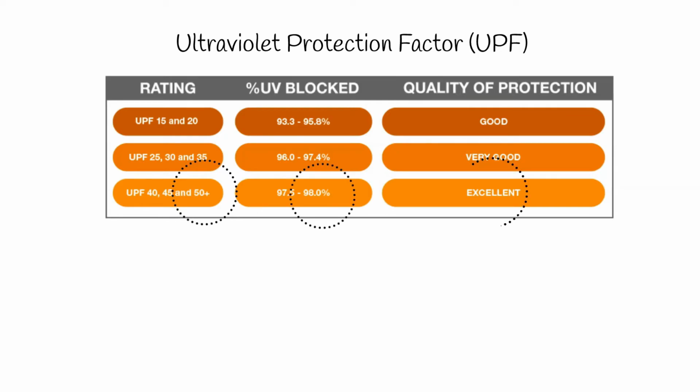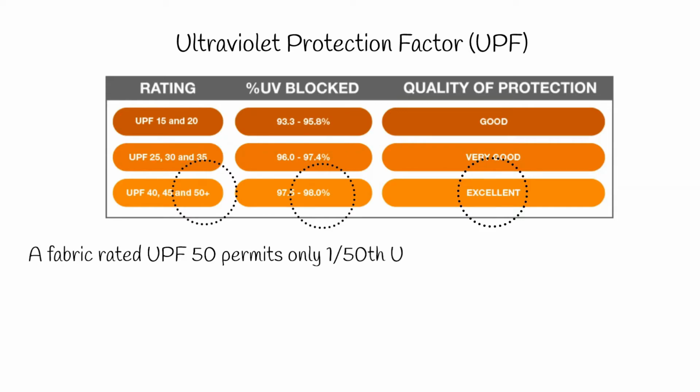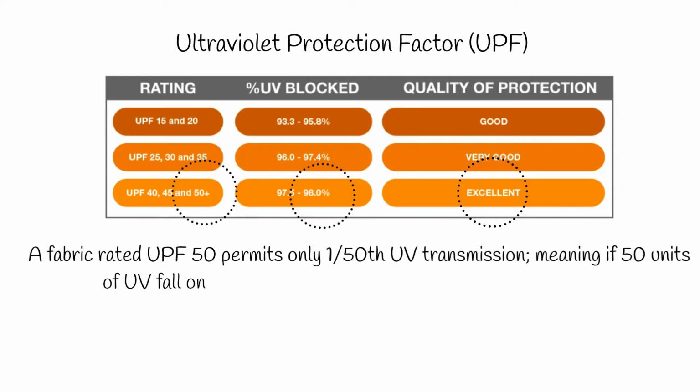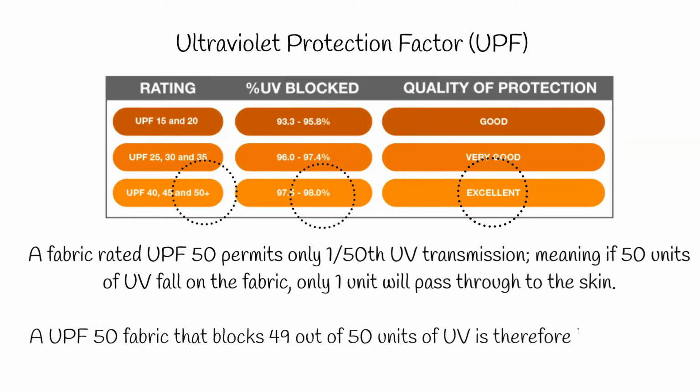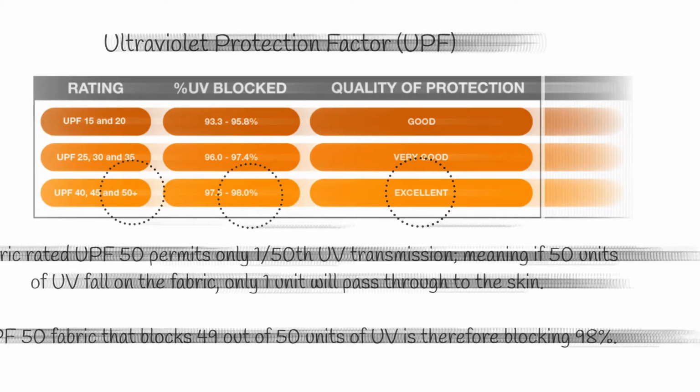Taking for example UPF 50, a fabric rated UPF 50 permits only 1/50 of UV transmission, meaning if 50 units of UV fall on the fabric, only 1 unit will pass through to the skin. A UPF 50 fabric that blocks 49 out of 50 units of UV is therefore blocking 98% of UV rays.